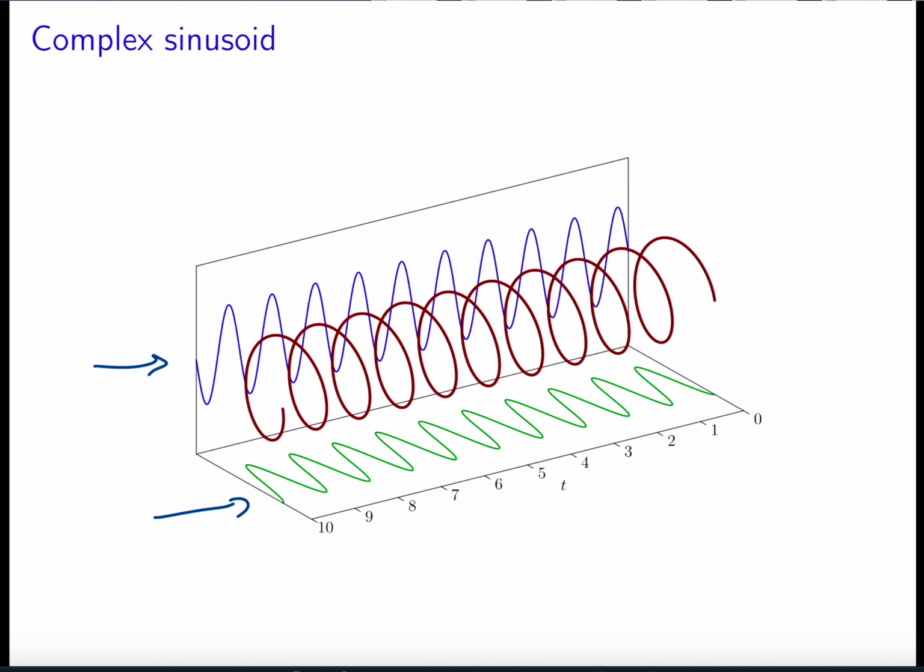The reason for this is that if you think of the modulus of the complex sinusoid, the modulus squared is equal to the real part squared plus the imaginary part squared.